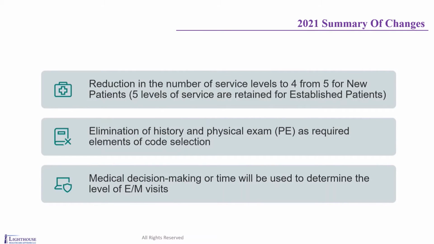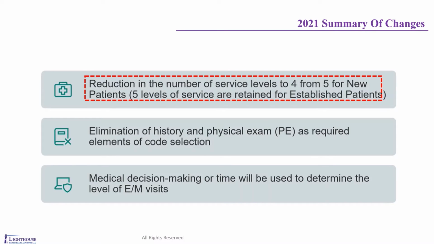The major summary changes in 2021 are listed on the slide. Prior to 2021 there were 5 levels of new patient codes, which are 99201 to 99205. Effective 2021 there are only 4 levels of new patient codes, which is from 99202 to 99205. Yes. You heard it right.